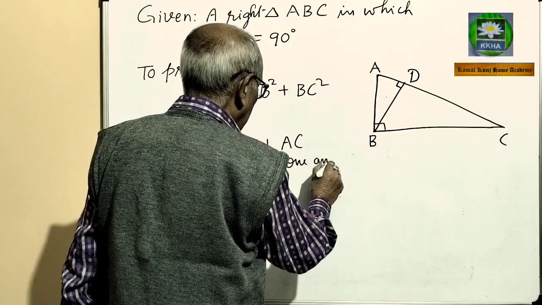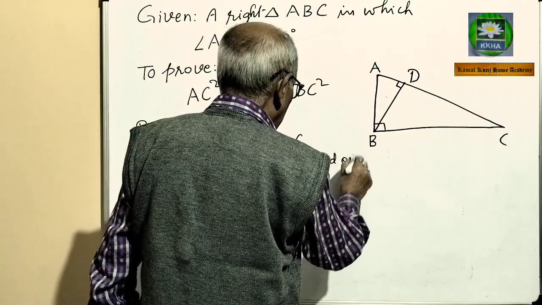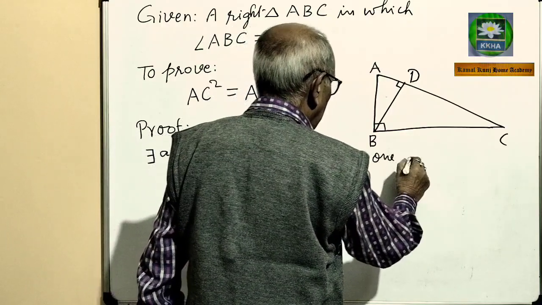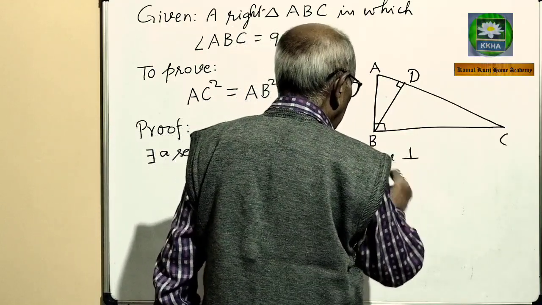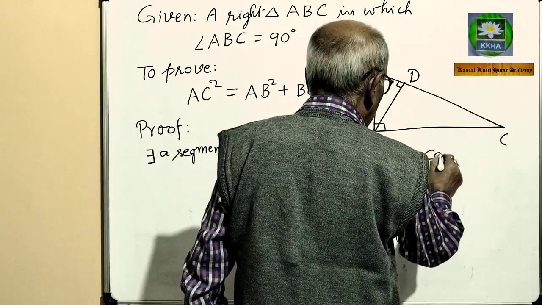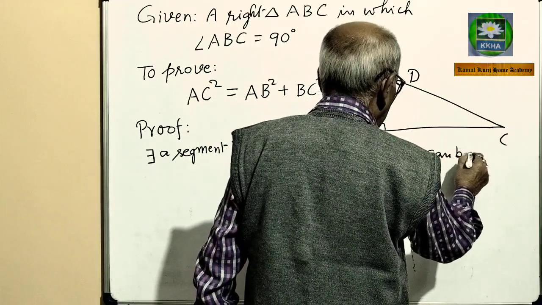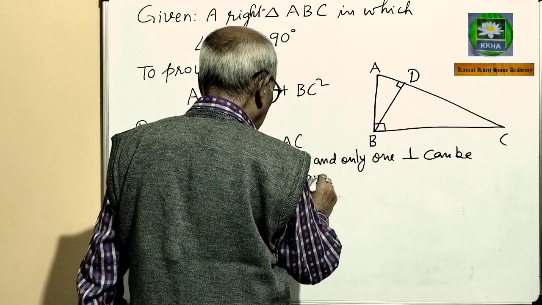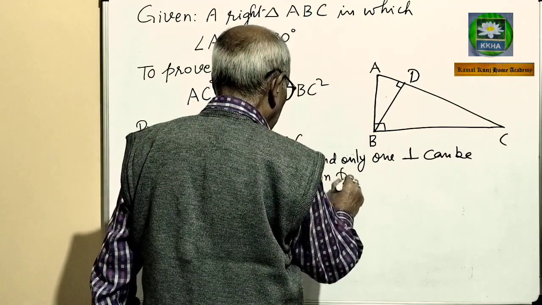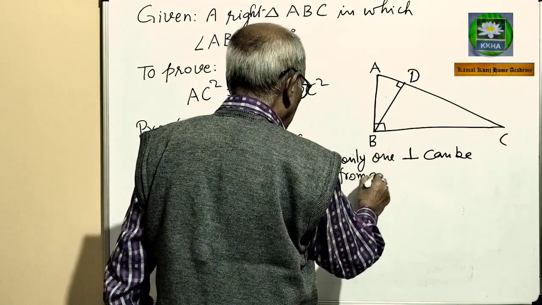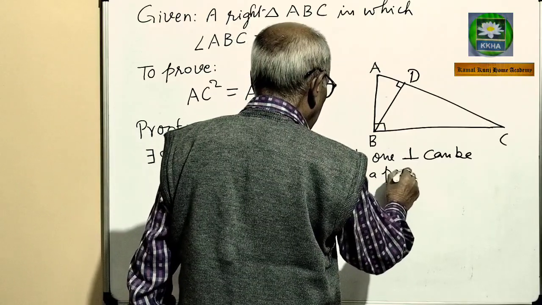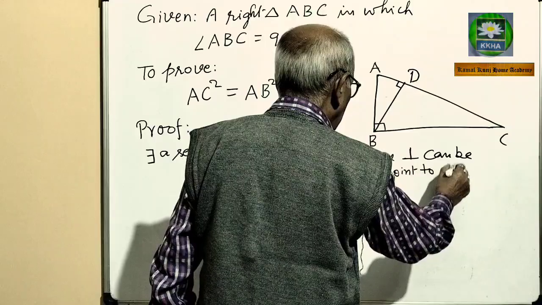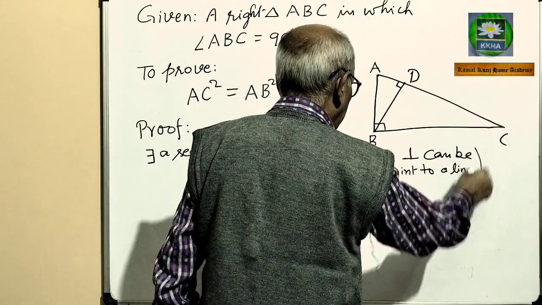One and only one perpendicular can be drawn from a point to a line.